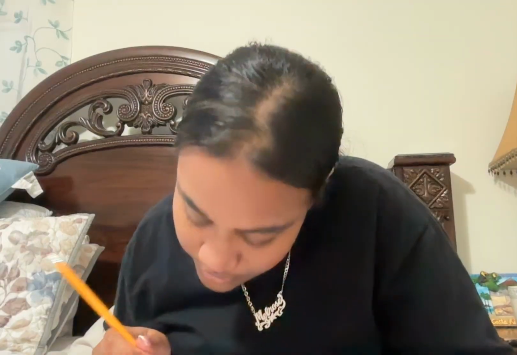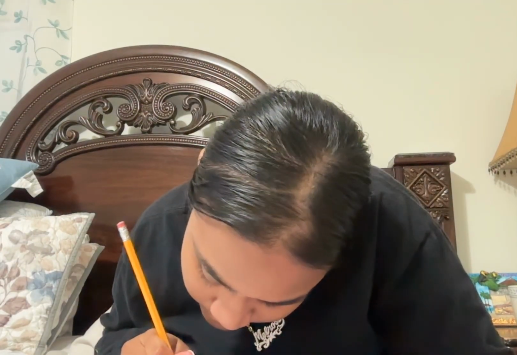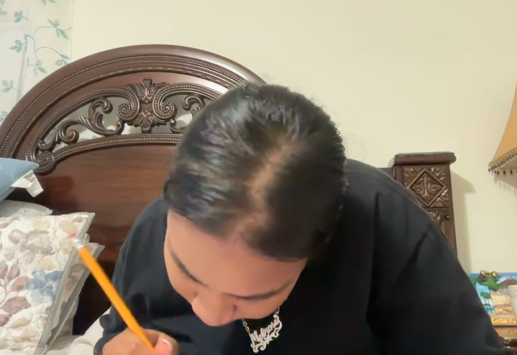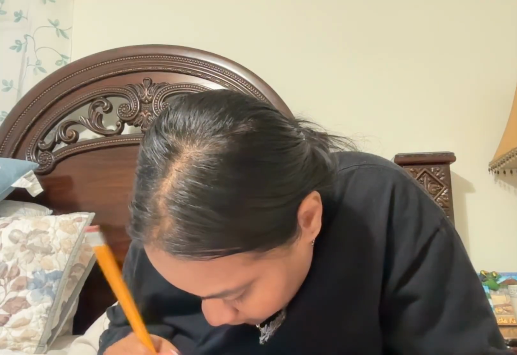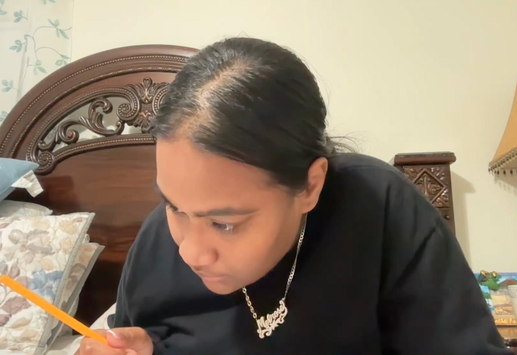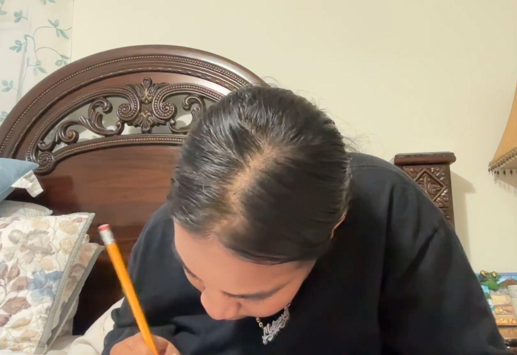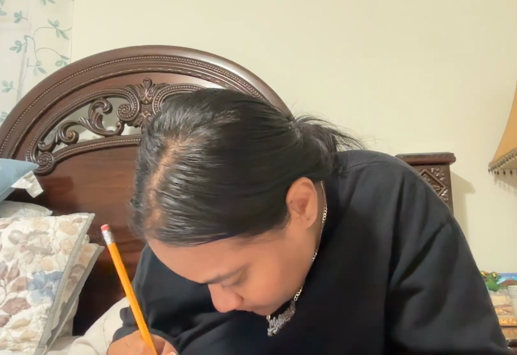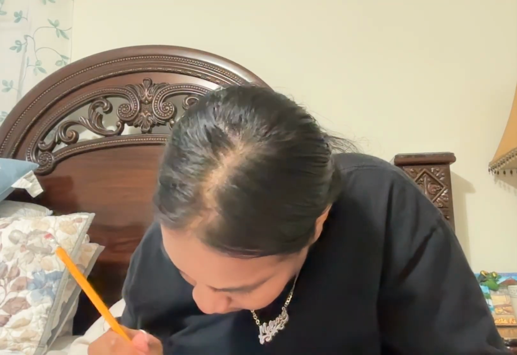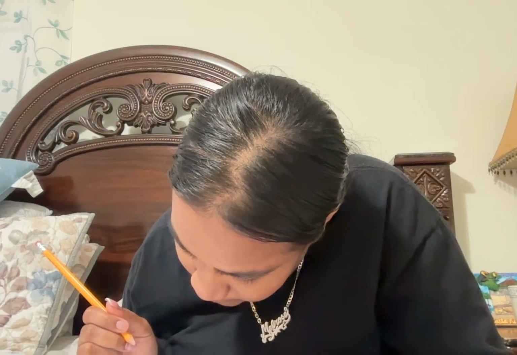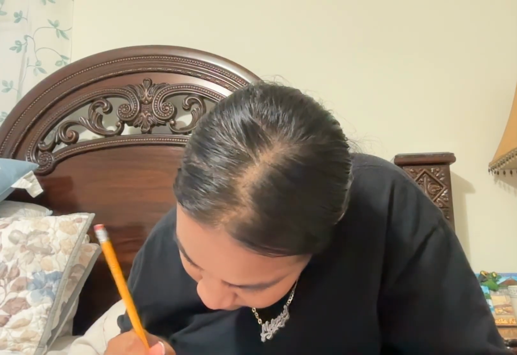So we're gonna do 20.0, 17.5, 15.0, 12.5, and 10.0, and then we're gonna do 7.5, 5.0, and then we can do 2.5 and 0.0.